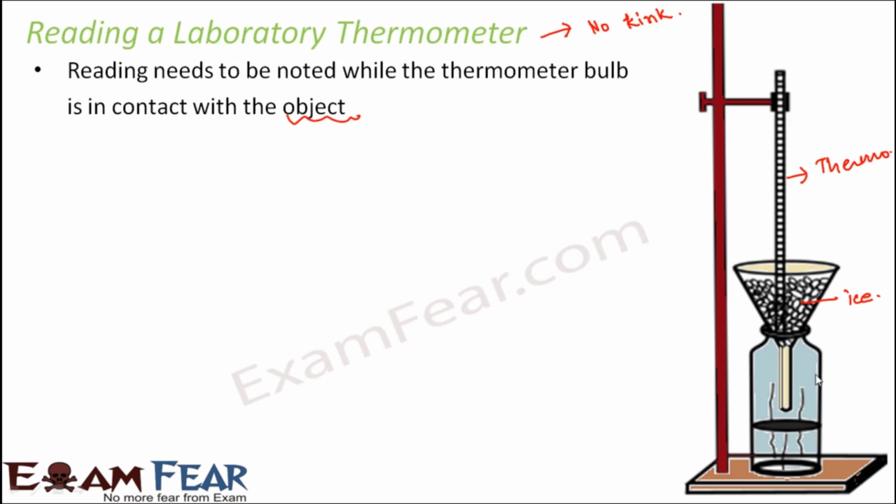Or here, the ice is being melted to form water. So if the bulb of the thermometer is in contact with water, it will be able to measure the temperature of the water. Because the water will heat up the bulb, the mercury will expand, the mercury level will rise, and then we read the level till which the mercury has gone, and that is the reading of the thermometer.